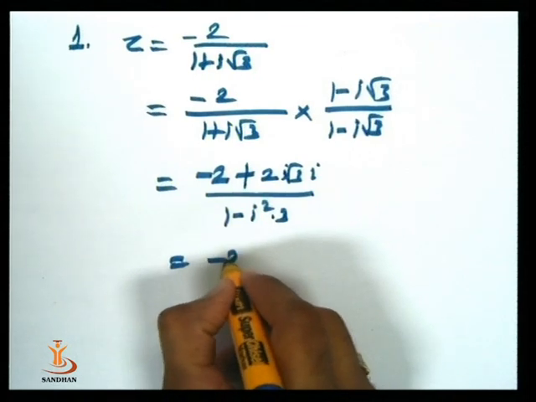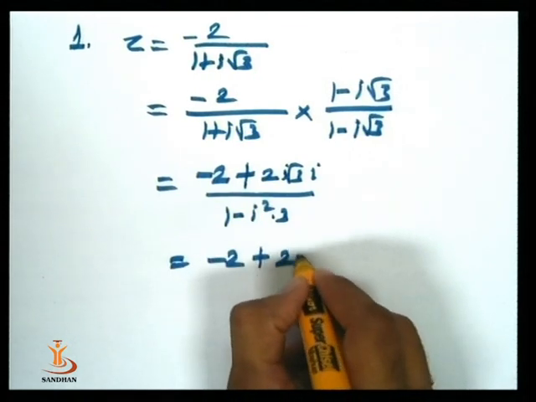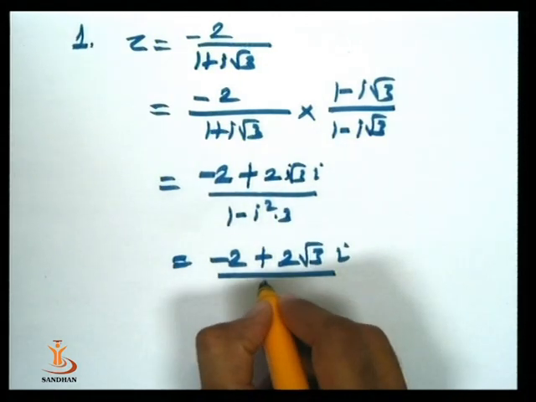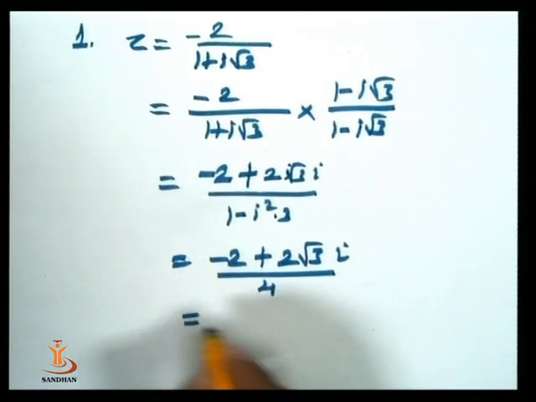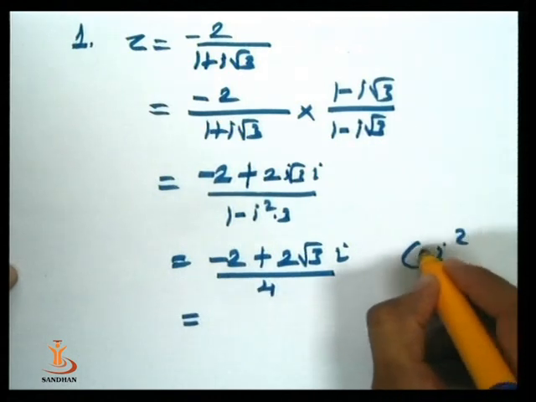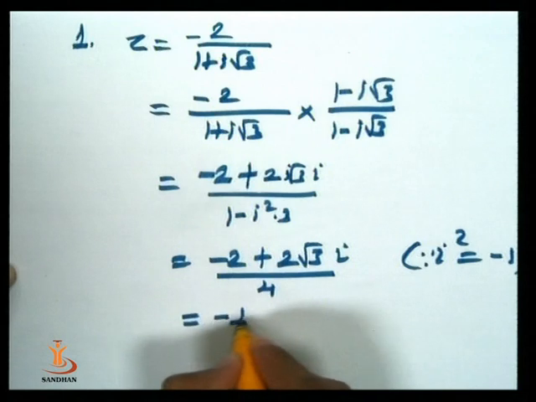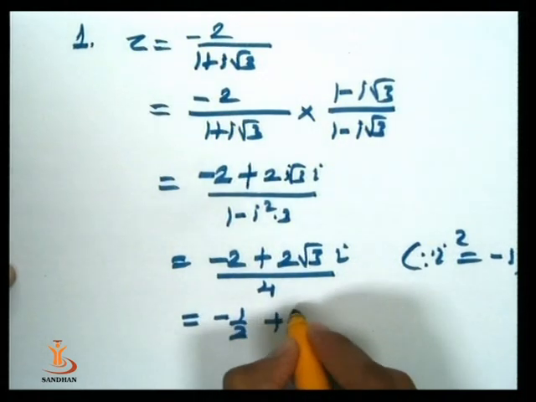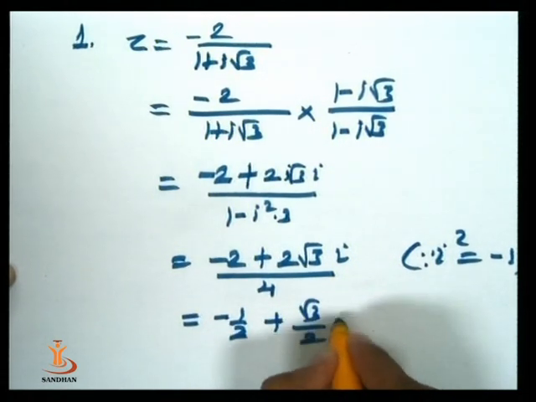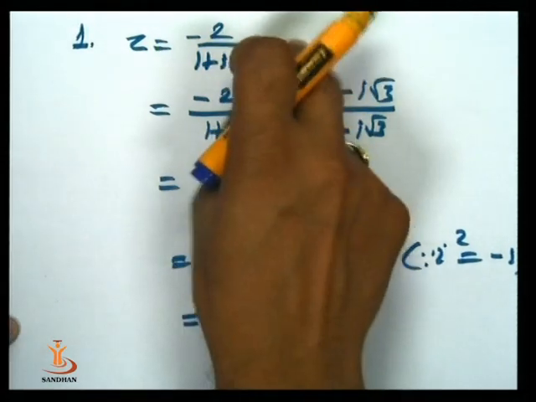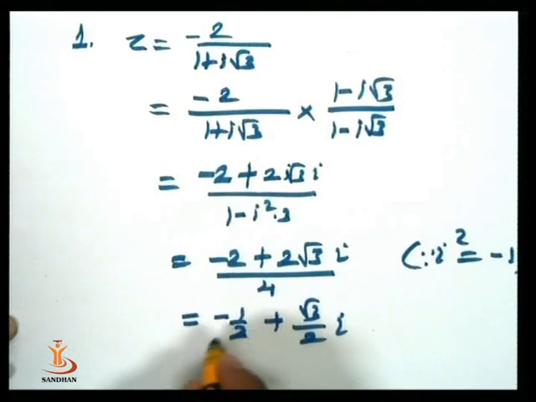So this is nothing but minus 2 plus 2 root 3 i divided by 1 plus 3, that is 4. So this is minus 1 half plus root 3 by 2 times i.